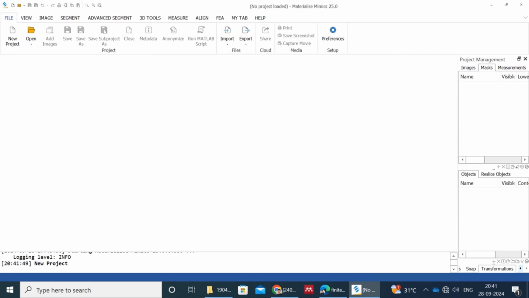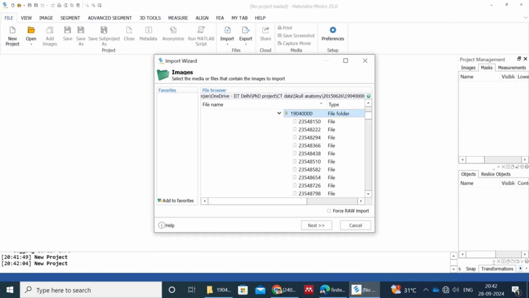So this is the Mimics software. Here we can use those tools. You can see these are the segment tools. There are various tools in this software. So now I will import those files, which are the CT scan data of a skull. I have selected that folder.